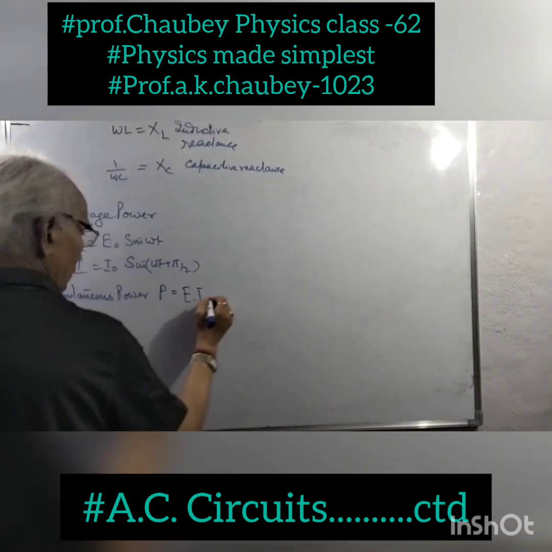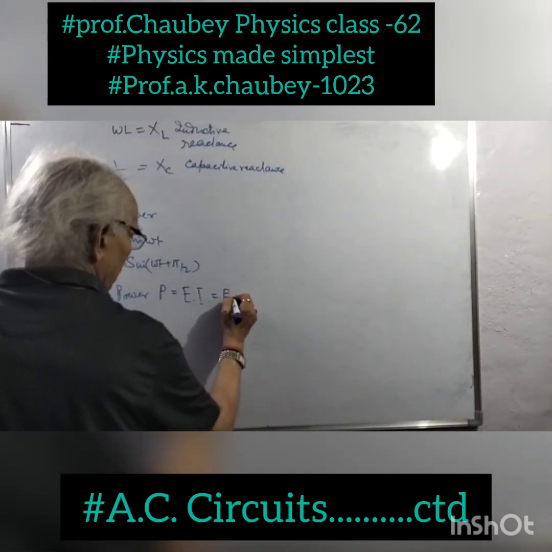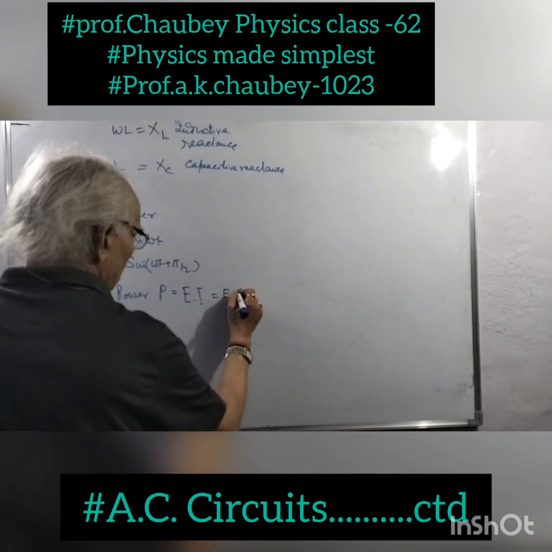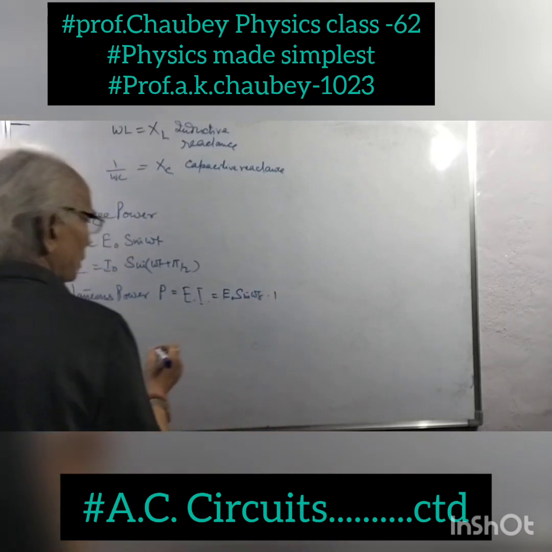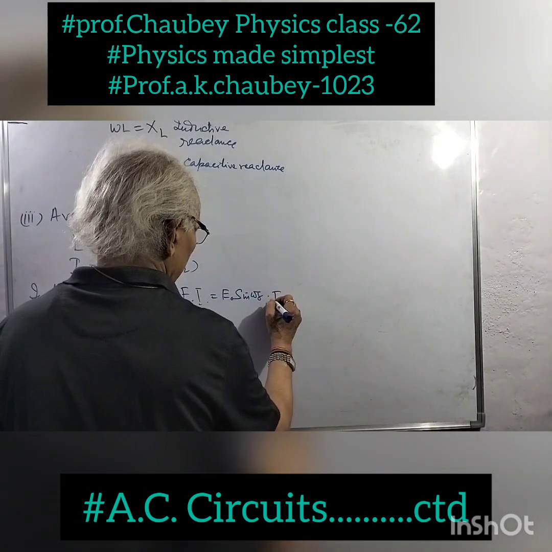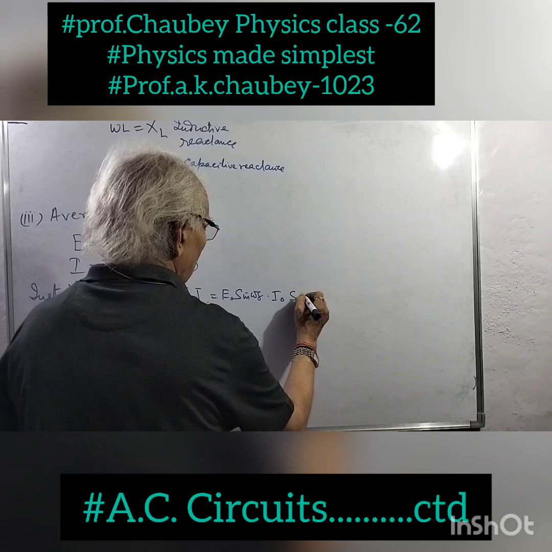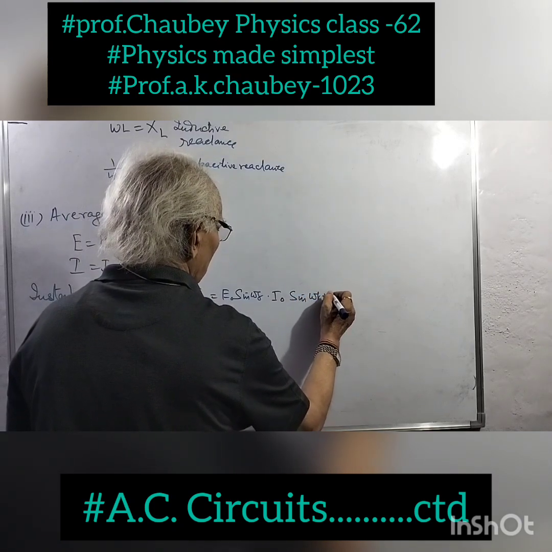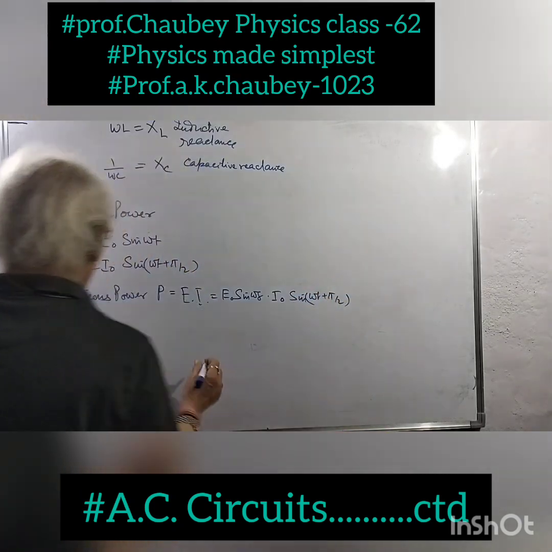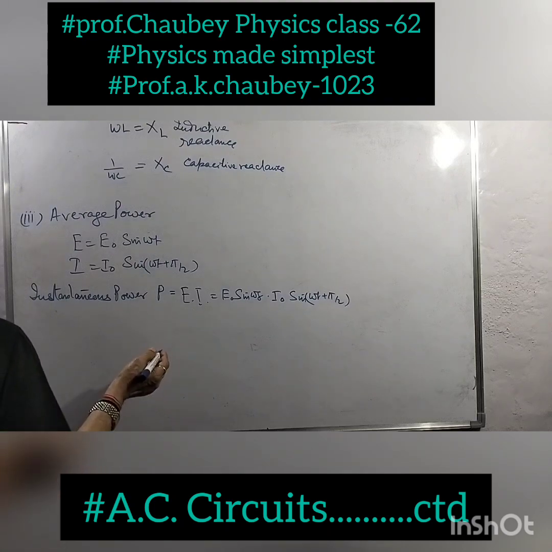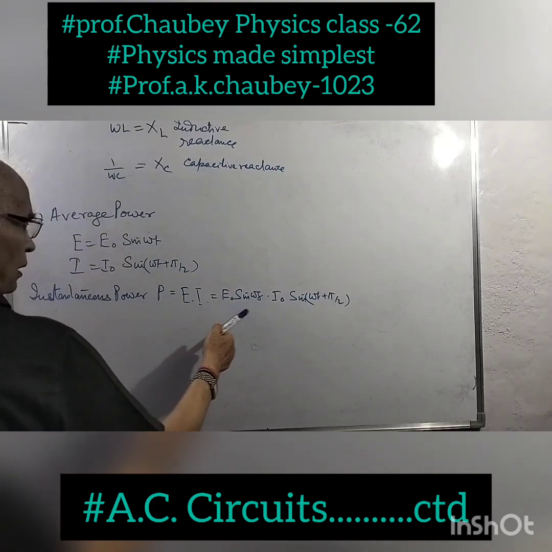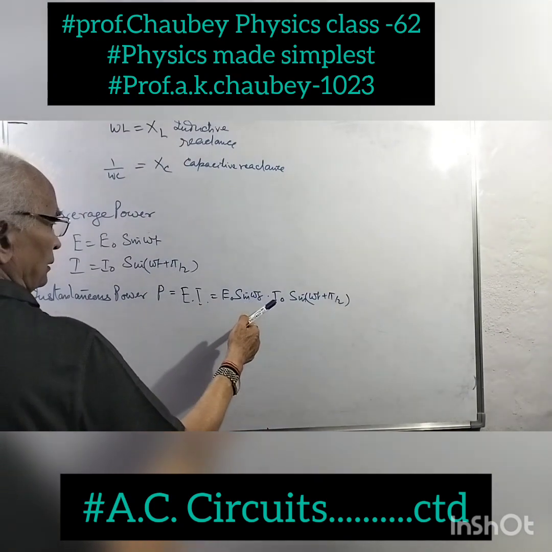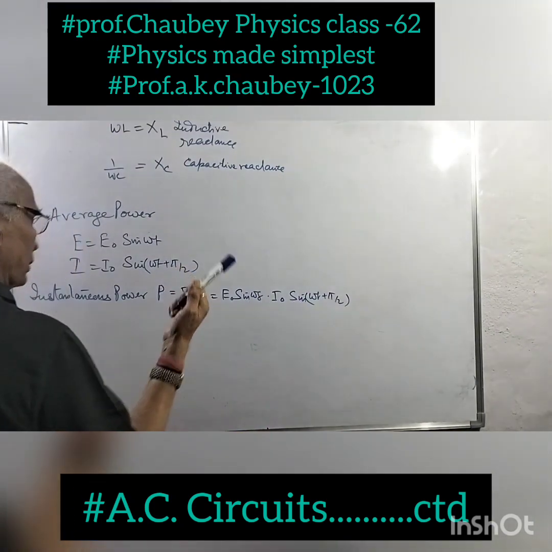That is E naught sine omega t into I naught sine omega t plus pi by 2. So this is instantaneous power. That means E naught I naught, sine omega t plus pi by 2 is cos omega t.